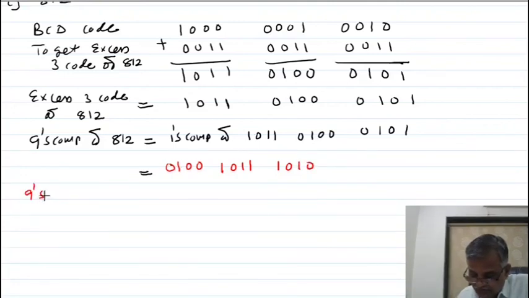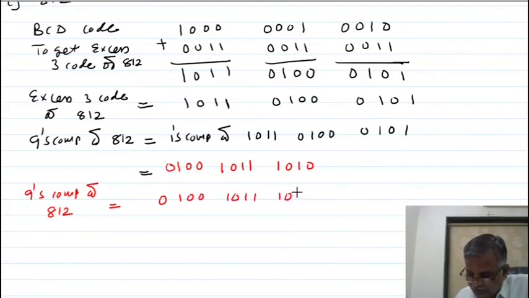So ninth complement of 812 in XS3 code is 0100 1011 1010. You can see this is the XS3 code of a decimal number 1. This is the XS3 code of a decimal number 8. This is the XS3 code of a decimal number 7. So by taking the first complement of the XS3 code, you can find ninth complement. Okay.